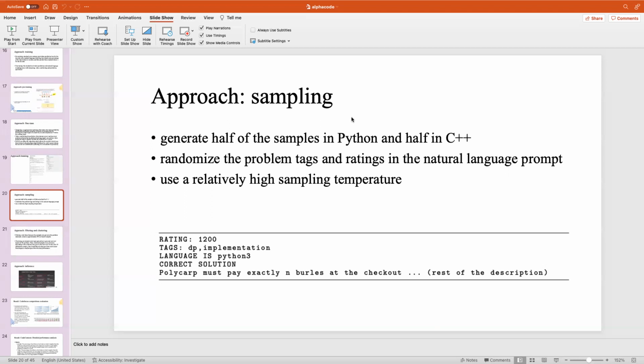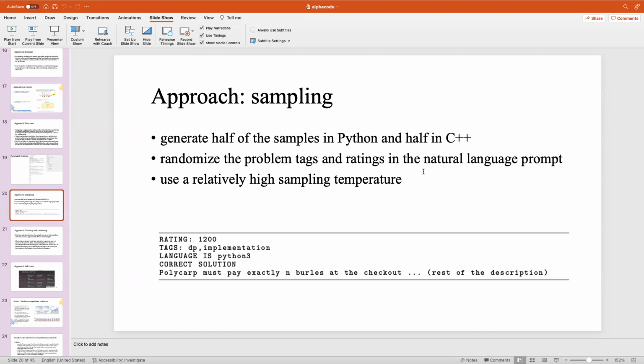During the sampling, remember that during training we input some metadata like the ratings and tags, and during inference they are not given. So the authors claim they just randomize the problem tags and ratings in the natural language problems.